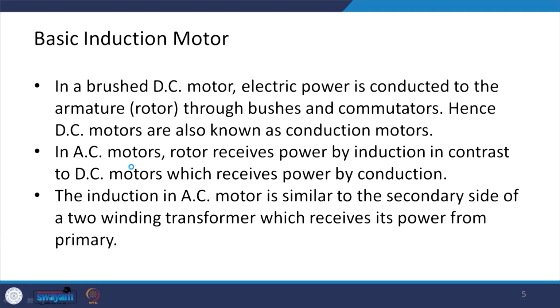In a brush DC motor, electric power is conducted to the armature through brushes and commutators, as we have seen in the previous lecture. Hence these DC motors are also known as conduction motors, because the armature conductors carry the current through them.